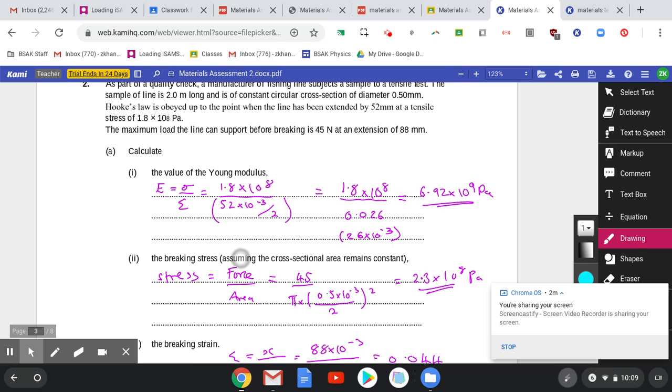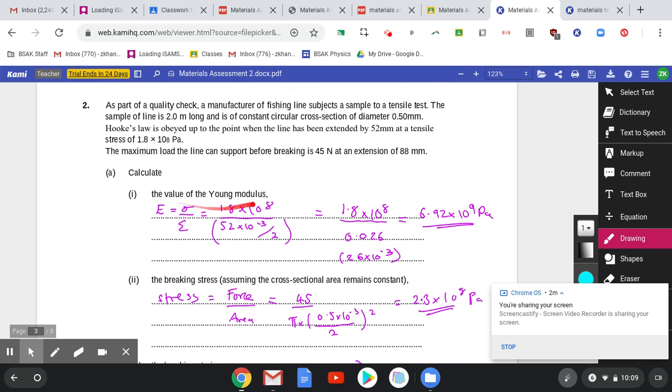Okay, so here it says calculate the Young's modulus. That's stress over strain. The stress, the values we are going to use is the values up to where Hooke's law is obeyed. So we know that this stress qualifies for that. And the strain, we can use this information here. So we know that the extension is 52 millimeters, and that's times 10 to the minus 3.